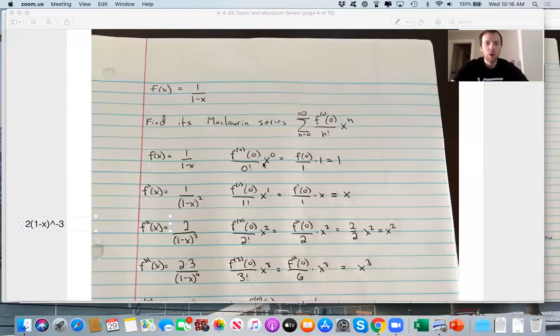So you're dividing by 1, x to the 0 is 1. You're evaluating the function at 0. And so here you're saying, what do we get if we put 0 in? And we get 1. So we can compute that the first term of the series is 1.